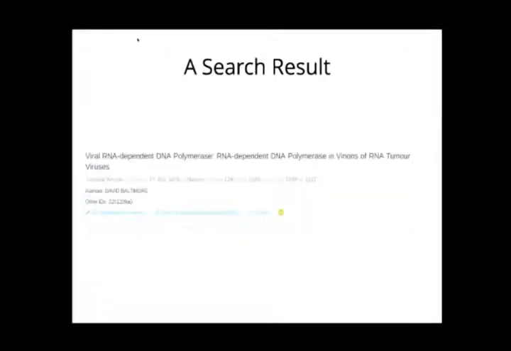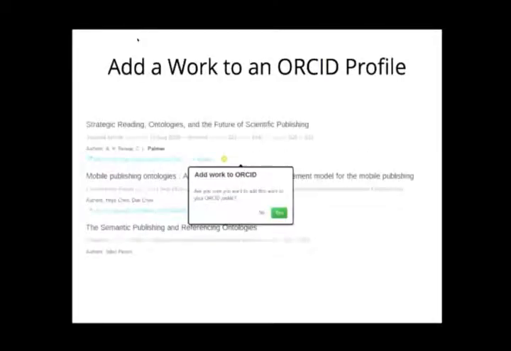I'll just look at one search result in particular to give you an idea of some of the functionality. There are some links at the bottom for each search result. On the far right is a link to add the search result to your ORCID profile. If you're signed into ORCID via this tool, then you can click that. You get a box like this, and if you click yes, it just adds that work to your ORCID profile.